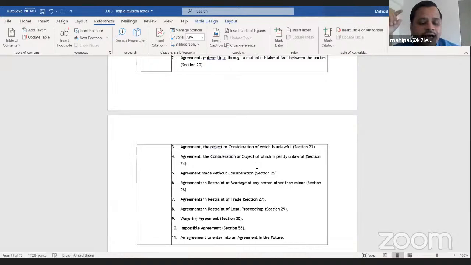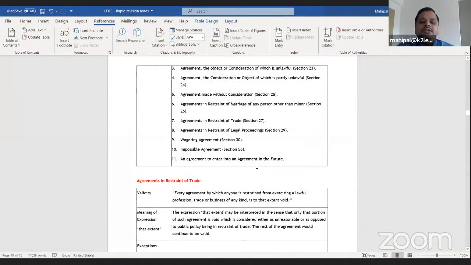So, my dear friends, void agreements are those which cannot be enforced in a court of law. They include agreements without consideration, agreements made by incompetent parties, agreements made on the mutual ground of mistake, restraint of trade, legal proceedings, and marriage. So these are the points you have to remember. Clear?